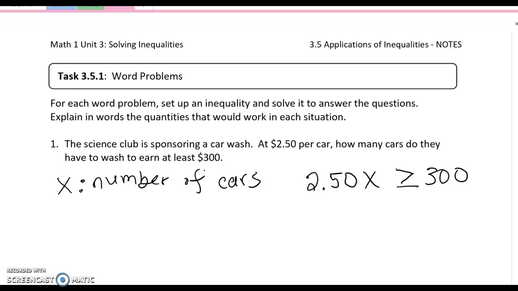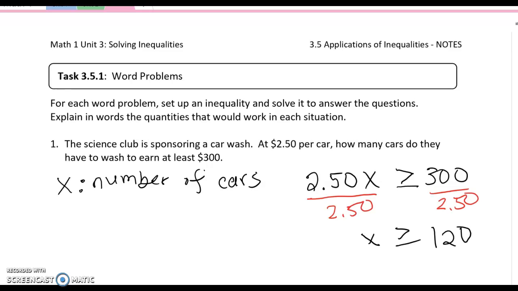Now I'll solve for x. I'm going to divide both sides by 2.50. When we divide both sides by $2.50, we get x is greater than or equal to 120. So they would have to wash greater than or equal to 120 cars to be able to earn at least $300.